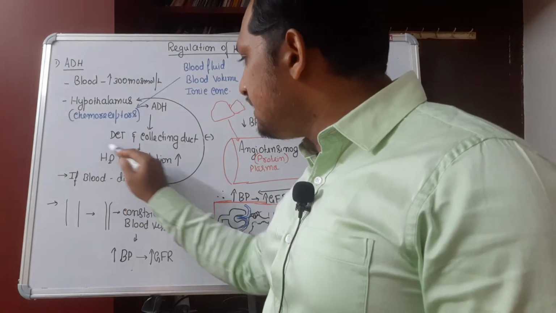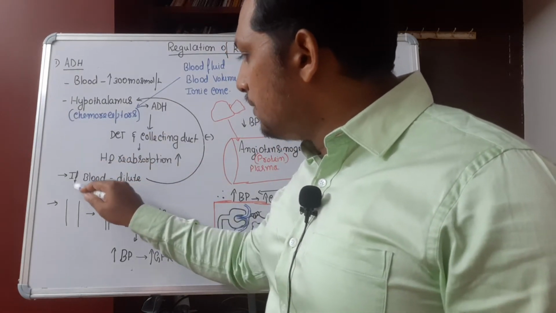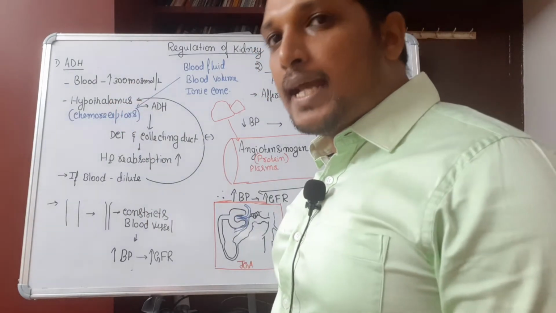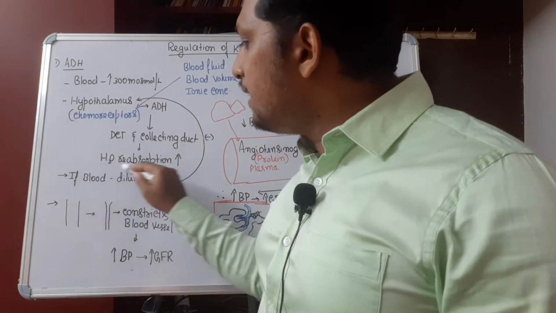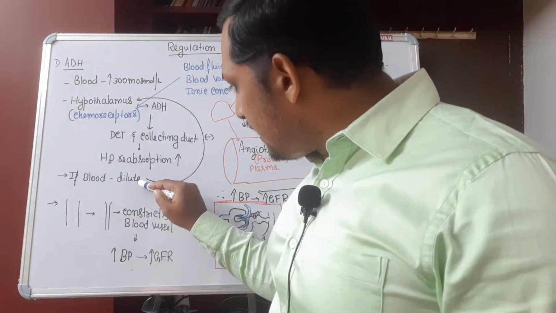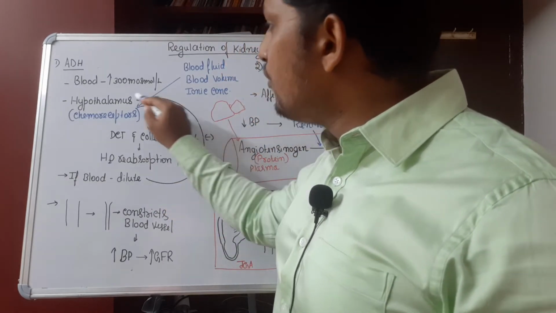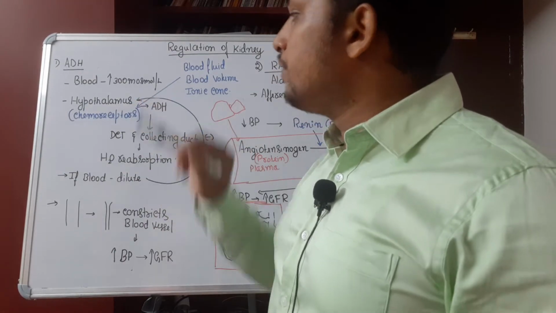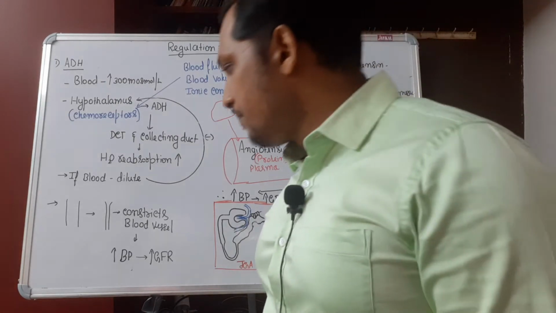When water is reabsorbed, it comes to the blood, the blood becomes diluted, and the concentration decreases. This is one action of ADH. Second, if the concentration of blood decreases more, then that more dilute blood has a negative feedback effect. The more the dilution, the more it will switch off the hypothalamus. As a result, the feedback mechanism is completed.